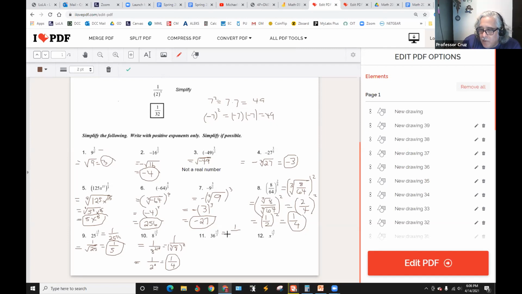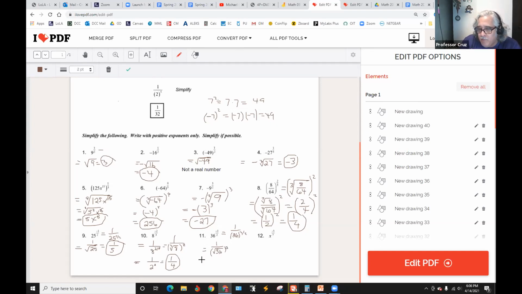And so we got 1 over 36, and that's to the third power because the numerator is 3 and the denominator is 2.